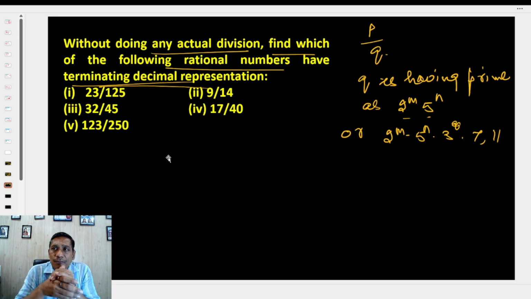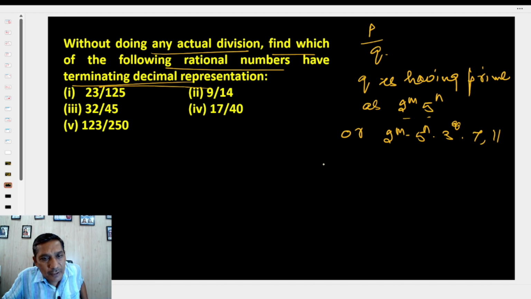लेकिन अगर डिनोमिनेटर में आपके पास 2 और 5 के अलावा कोई भी और फैक्टर 3, 7, 11, 17, any other prime factor is there except 2 and 5, the fraction will be non-terminating.